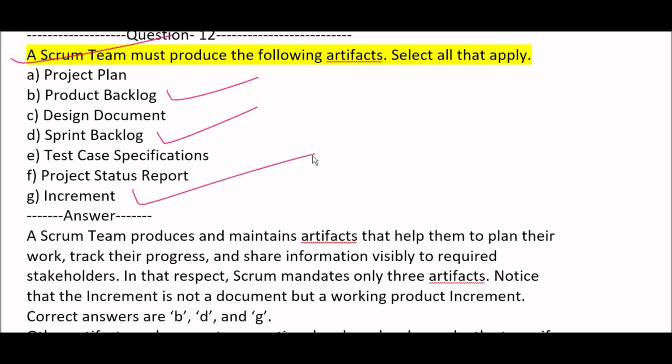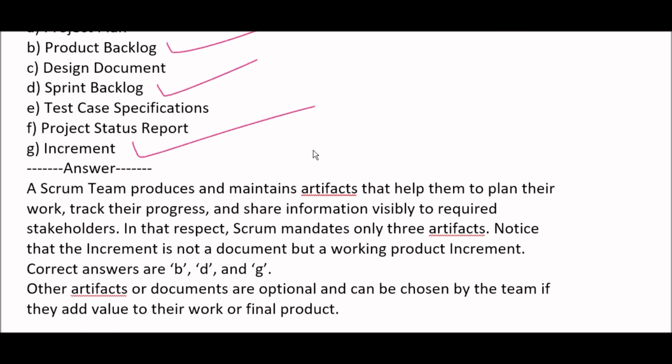Okay, so correct answer here is B, D and G, because a Scrum team produces and maintains artifacts that help the team to plan their work, track their progress and share information visibly to required stakeholders. In that respect, Scrum mandates only 3 artifacts.